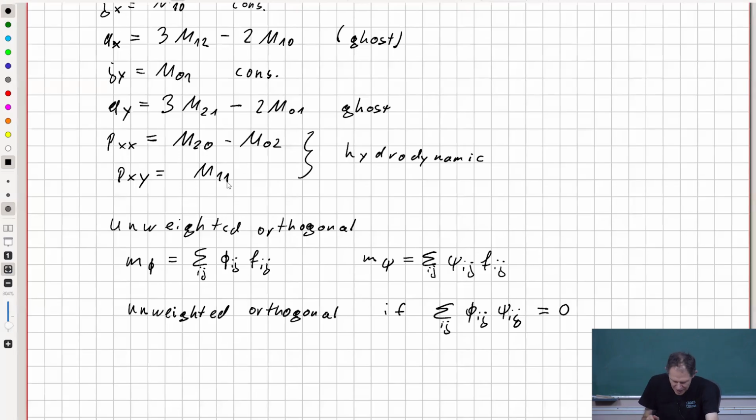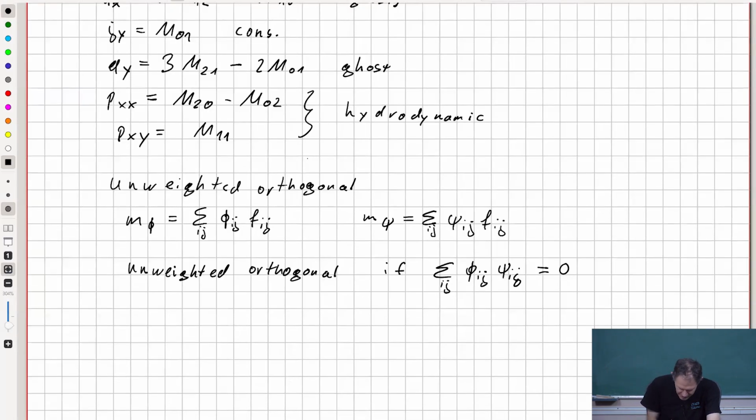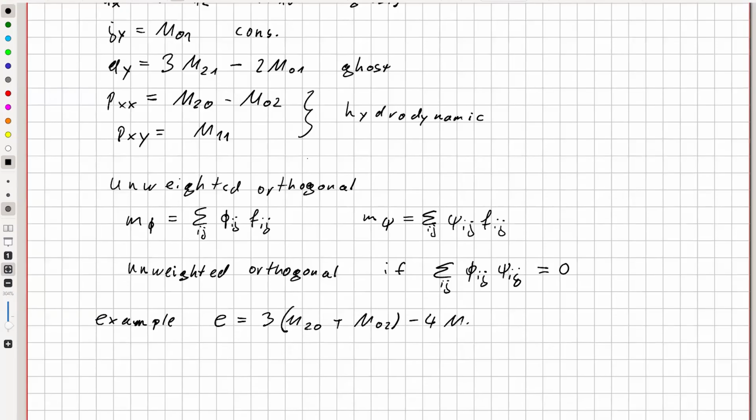So, as an example, to see that this is the case, we look at E. E is 3 m20 plus m02 minus 4 m00.